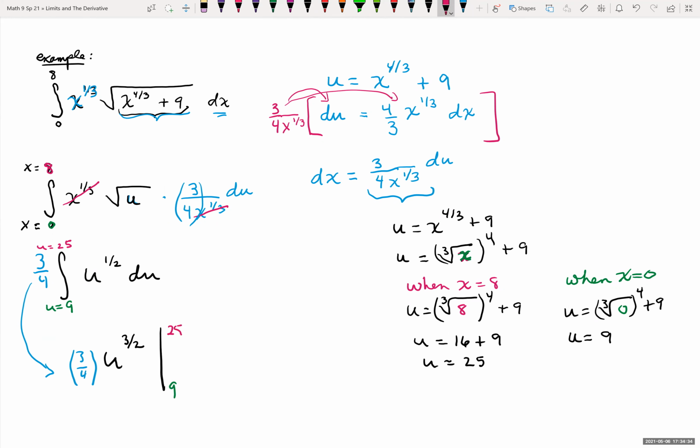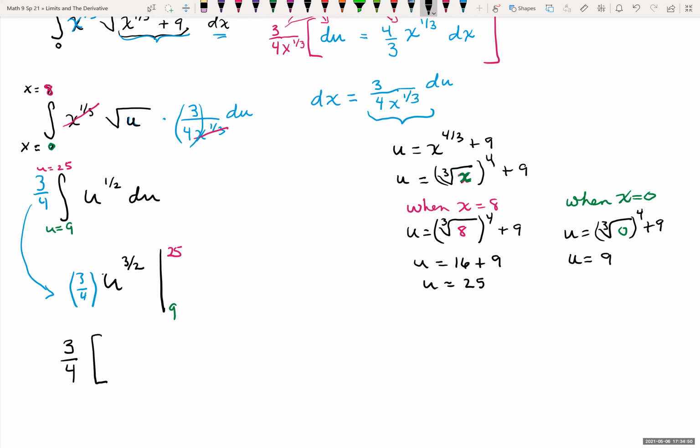Okay, so plugging it in, and at the same time, I'm going to rewrite it as a radical. So I'm plugging in 25 for u, and the 2 is in the denominator, so it's the square root of 25. And then I'm going to cube that number.